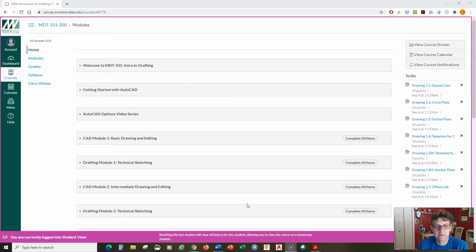But we also want to keep our focus, or at least to establish an understanding of what an engineering drawing is, specifically orthographic projection, and how we can learn to see three-dimensional objects and put them on two-dimensional paper, which is something that we're going to be focusing on in the class.